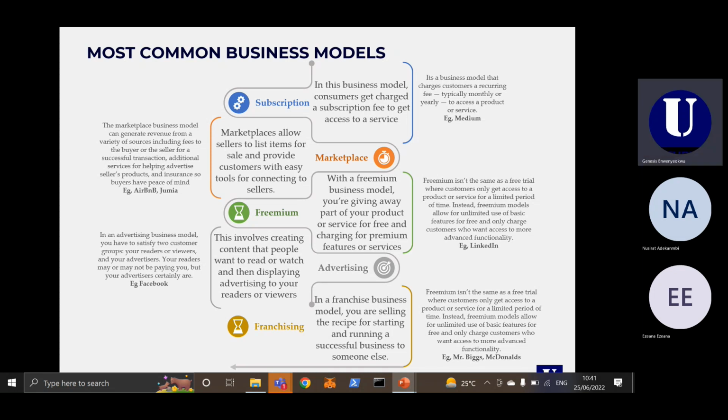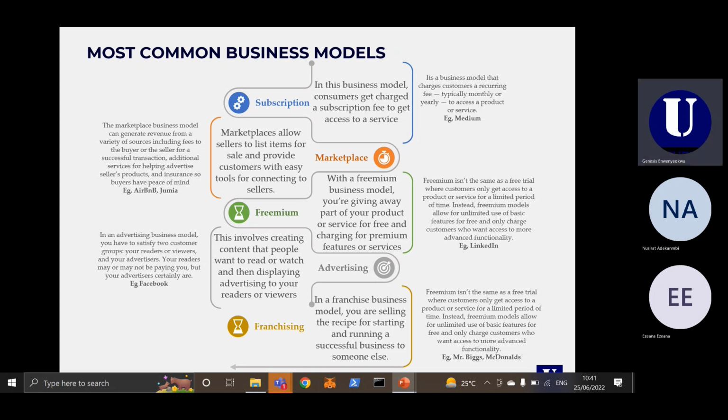Now in this subscription model, the business is basically making money from that subscription fee they are charging you. That is how they make money. So that is the model they're using to generate money for the business, subscription fee.